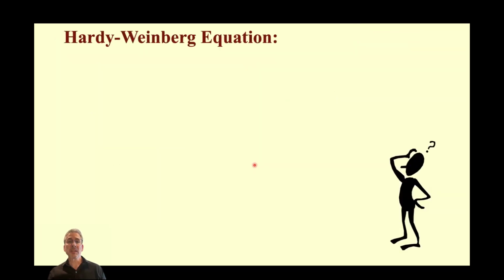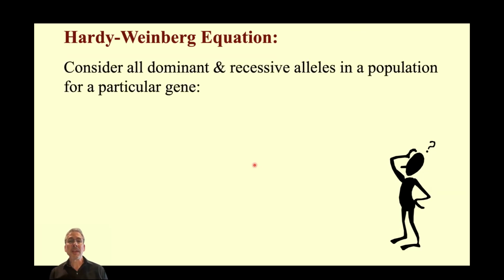So let's just explore how Hardy and Weinberg described this concept of non-evolving populations using a little bit of math, but conceptually, let's think about the following. Think about a gene. It could be for, let's say, earlobe attachment. You've got two versions of a gene, let's say dominant and recessive. One codes for free earlobes, one codes for attached earlobes.